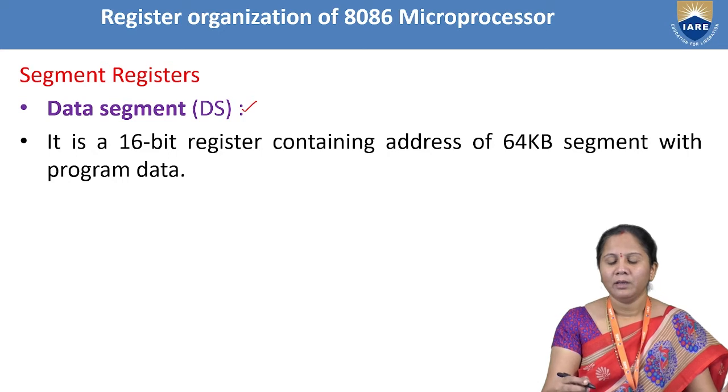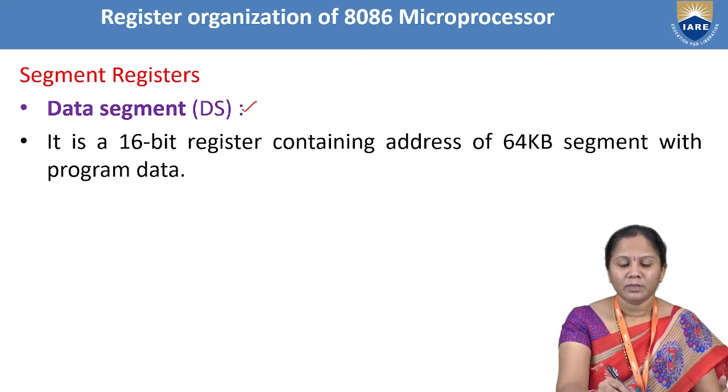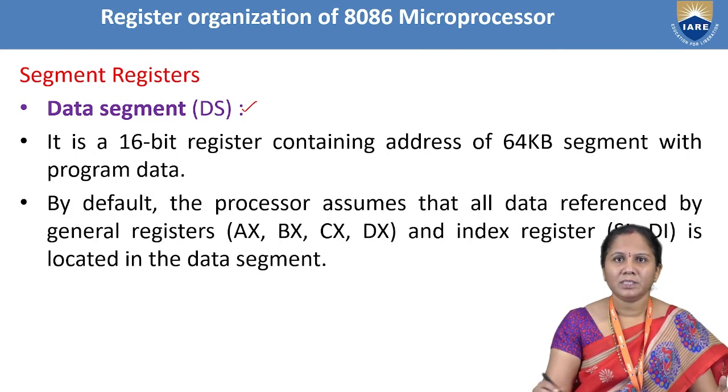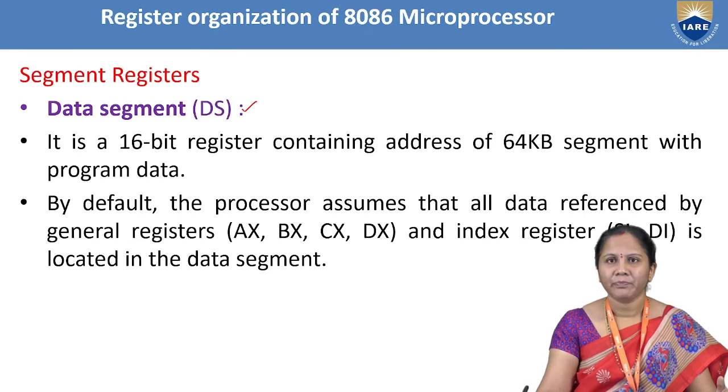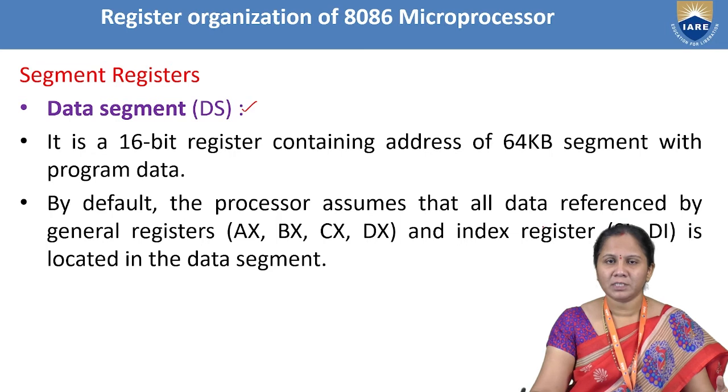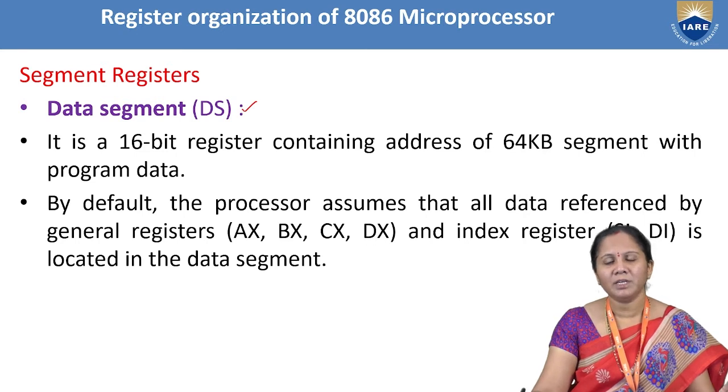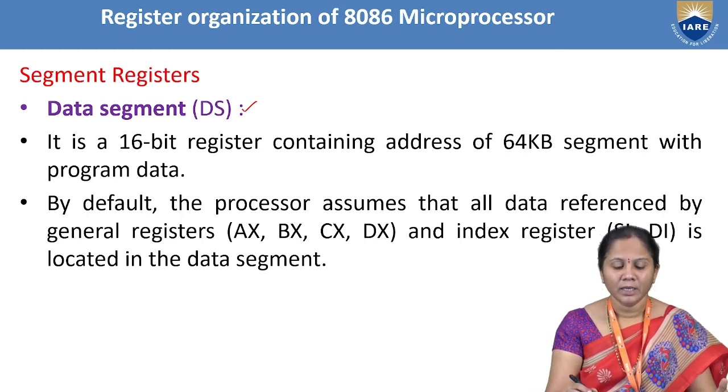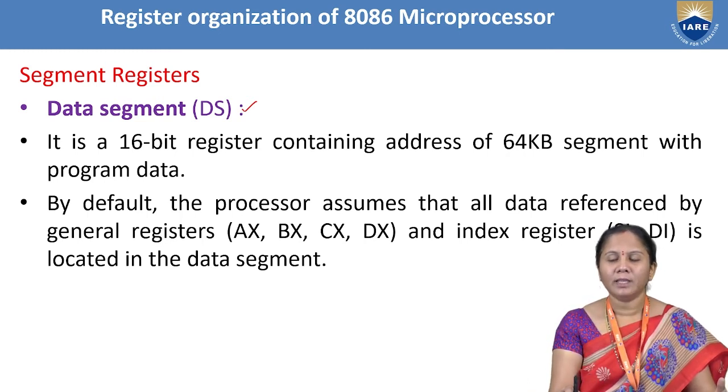Now, coming to the detailed discussion about the data segment register. This data segment register is a 16-bit register containing memory up to 64 KB. It will have its own segment address. The processor assumes all the data resides in the data segment.